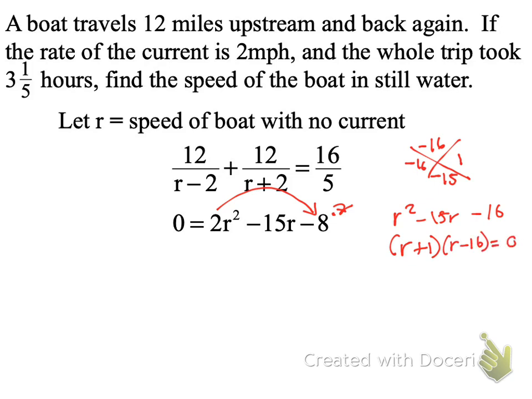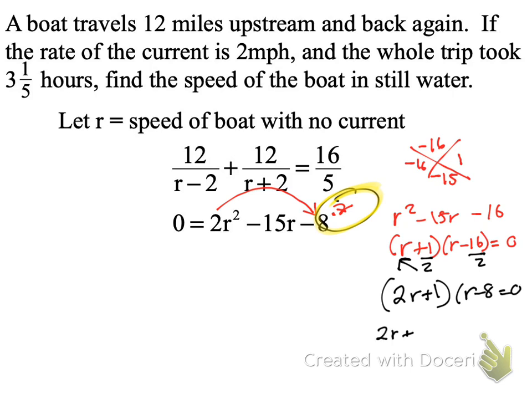Now what do I have to do? Not yet. Remember, we multiplied by 2. We have to divide it by 2. Do you remember that? So I'm going to divide by 2, divide by 2. I end up with 2r plus 1, right? And this becomes r minus 8 equals 0.